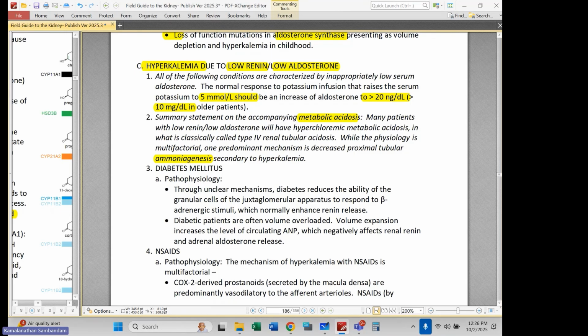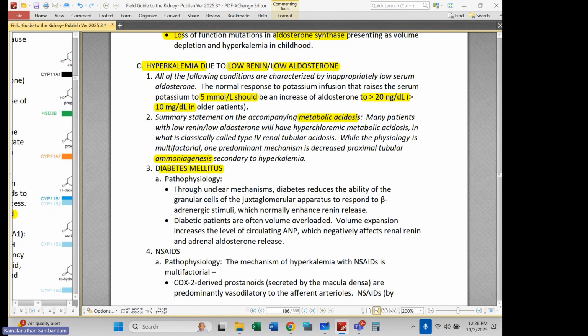Okay, this is an important point, and we'll highlight it again when we talk about type 4 RTAs in our acidosis discussion. So again, correcting hyperkalemia is an important mechanism of addressing metabolic acidosis, even before you add sodium bicarbonate.